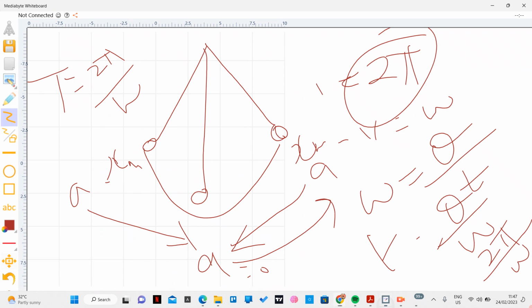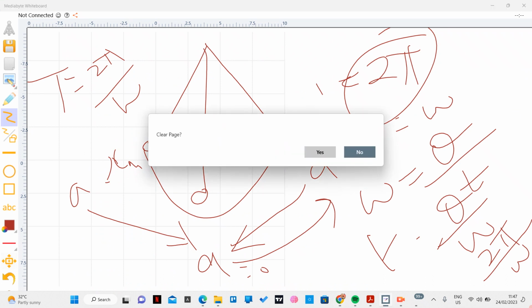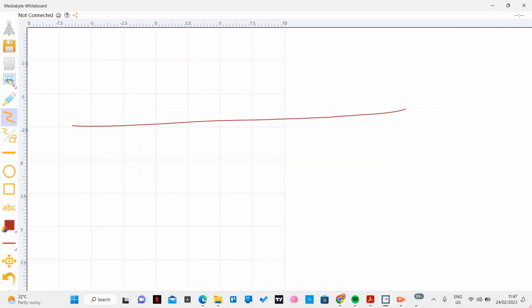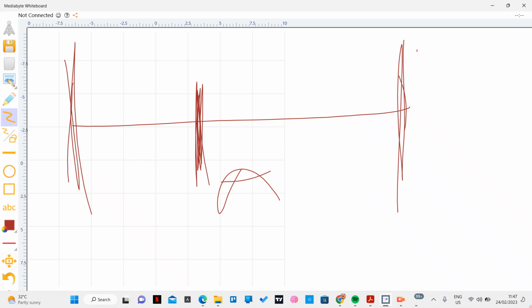Let me use the diagram. It's like you have from here to here. This is the amplitude. If the person is here, you can use the relationship between this point and this point, the ratio, to gauge where the person is. Let's say the distance from here to here is 5 meters, and the ratio between this distance and this one is 2 to 4.